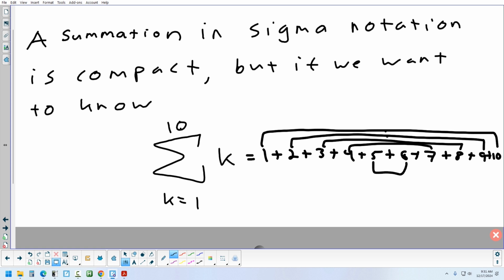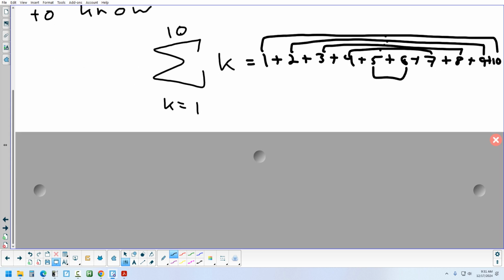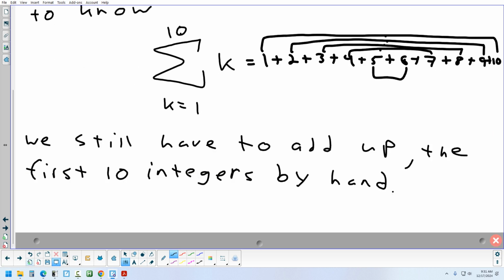There's 1, 2, 3, 4, 5 groups of 11. So yeah, it's going to be 55. That's great that that little trick works here, but sometimes it's not that easy to come up with that kind of trick. So we're going to figure out a better way than even having to do something like that.